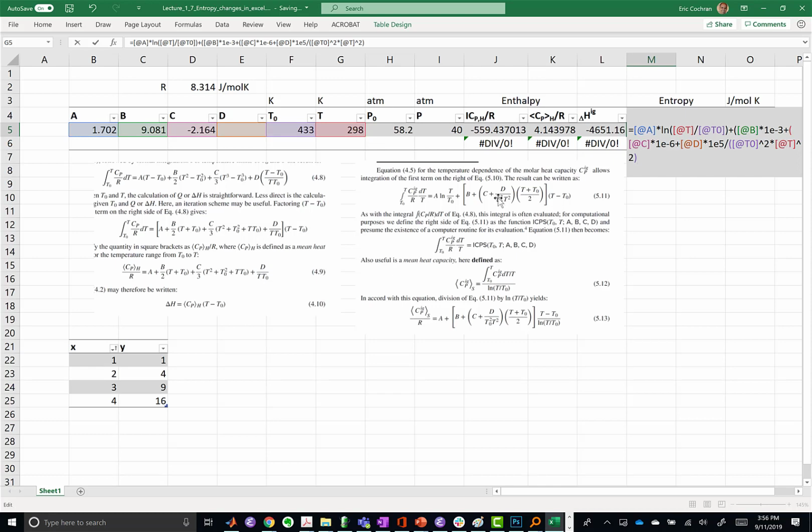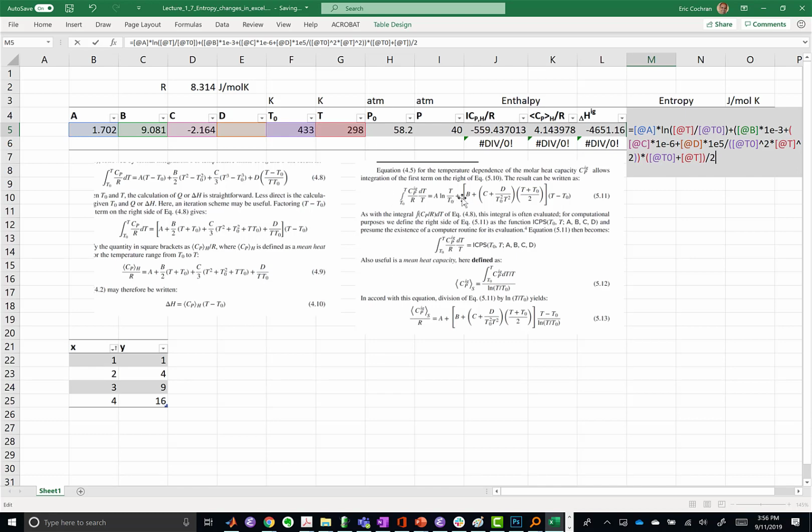And now I'm going to close off this portion of the expression, so that should match with this parenthesis up here, and it looks like it does. So now we're going to add in the average temperature term. So that is going to be T0 plus T divided by 2.